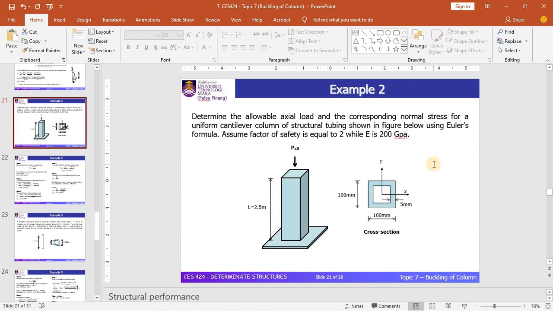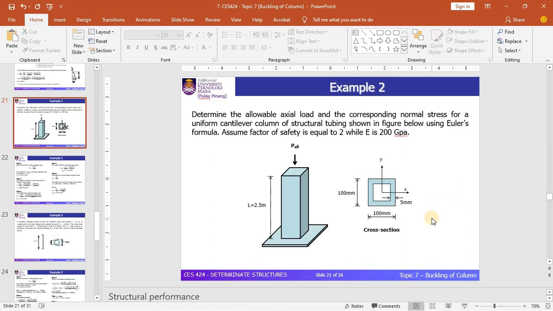In the FOS formula we have P ultimate and P allowable. The P ultimate is referred to as PCR, which is the critical buckling load. So to get the value of the allowable axial load, we need to calculate the value of the critical buckling load. Let's look at the solution.